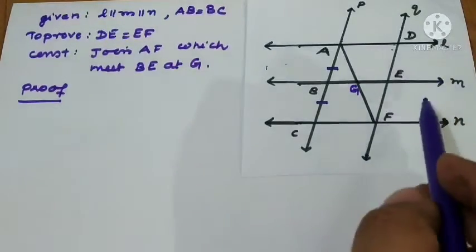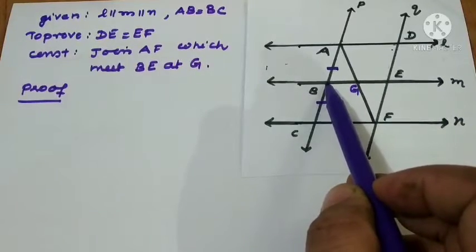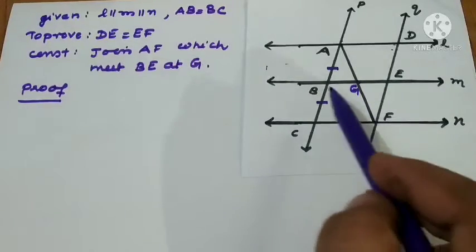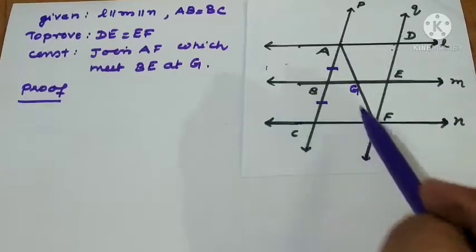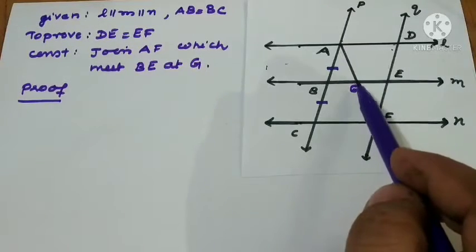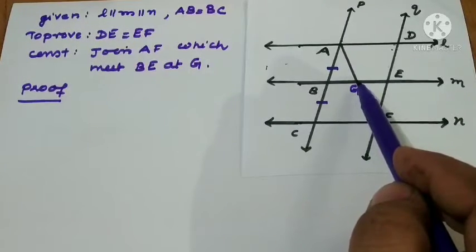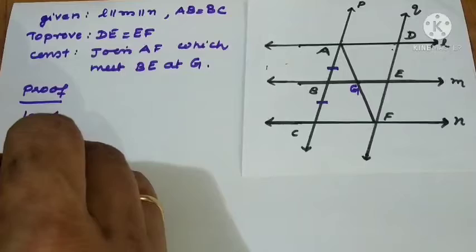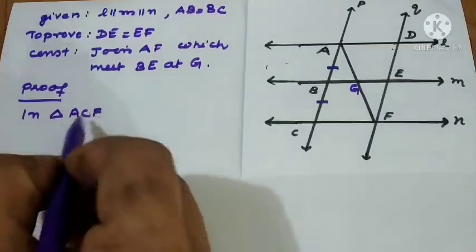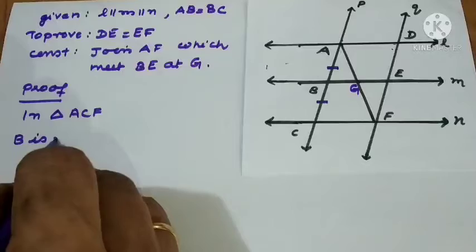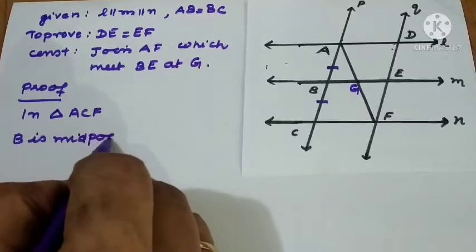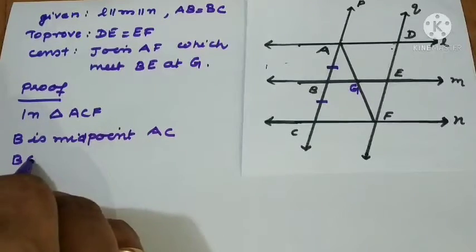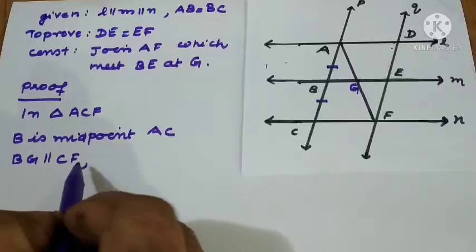See, all three lines are parallel only, and here we got B is a midpoint. So we can get a triangle in the diagram, ACF. In triangle ACF, B is the midpoint of AC, BG parallel to CF. Then by converse midpoint theorem, what can we conclude? G is the midpoint. So I'll write here, in triangle ACF, B is the midpoint of AC, BG parallel to CF.